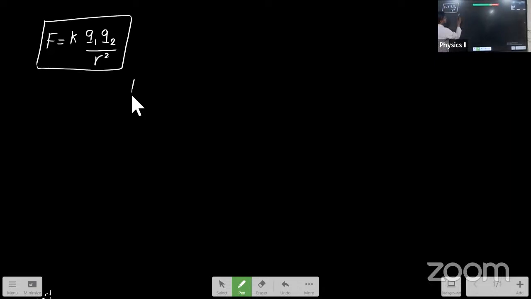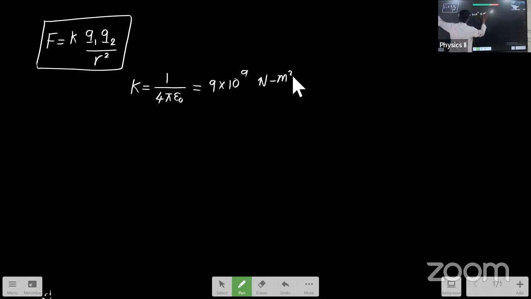And what was the value of K? K was known as a constant and its value was 1 by 4 pi epsilon naught, and its numerical value was 9 into 10 power 9. And what were the units? Newton meter square divided by Coulomb square. So this was what we discussed yesterday.